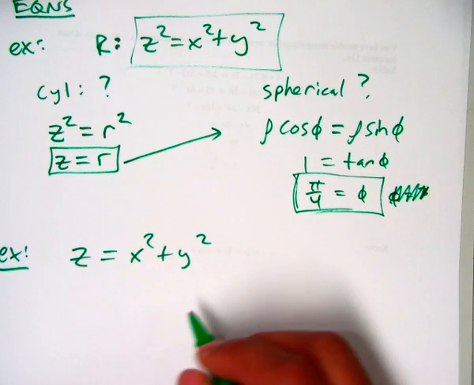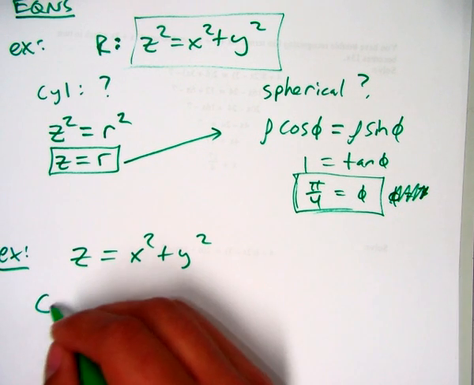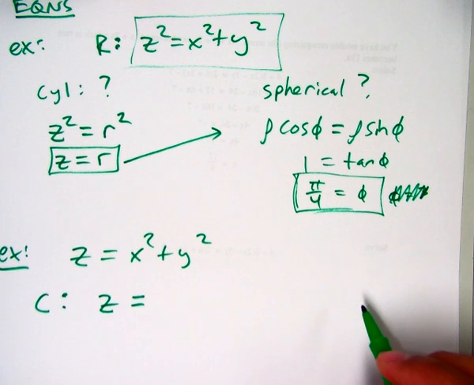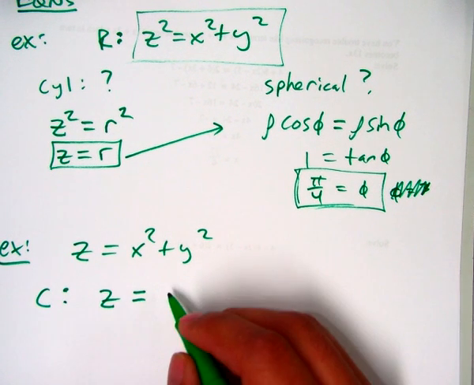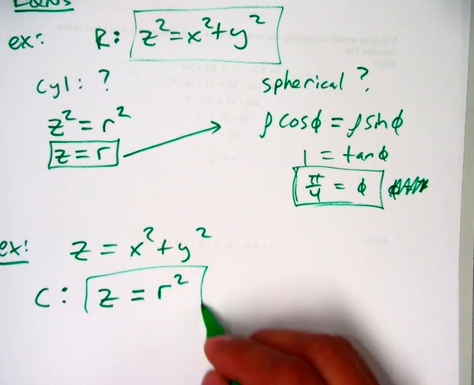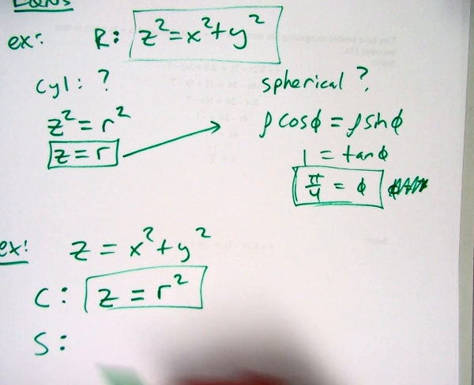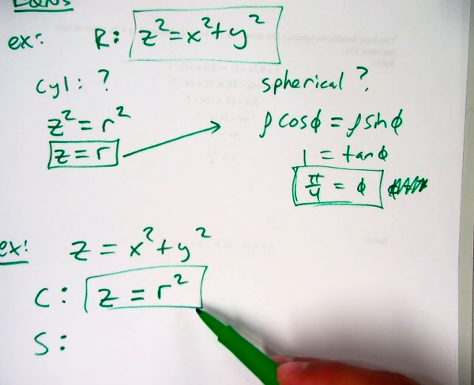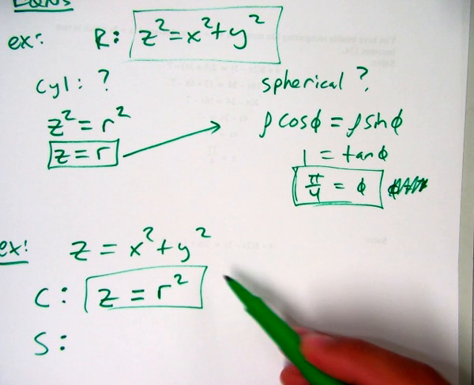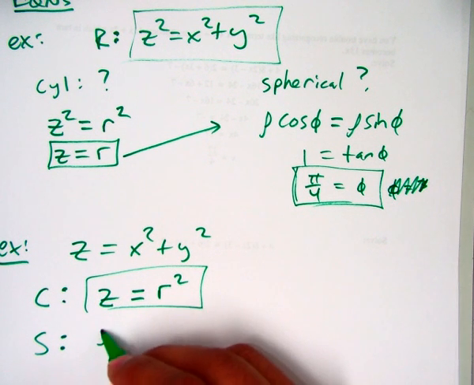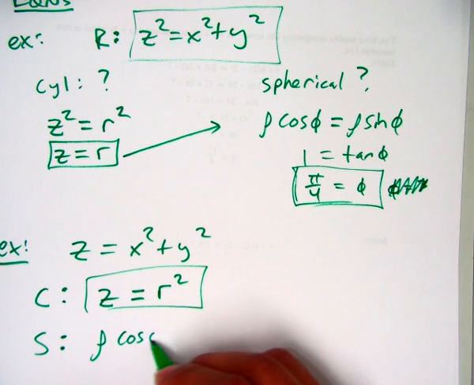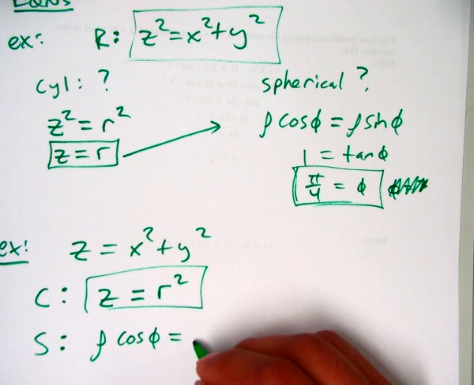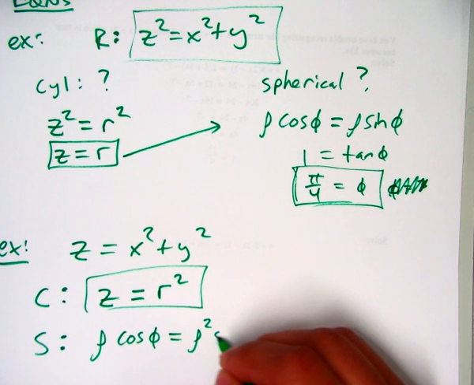So this is rectangular and cylindrical. This is just z equals. In spherical, usually once you have the cylindrical, it's easier to deal with the cylindrical than it is to go back and start with rectangular. Z is rho cosine phi. R was rho sine phi, so we're going to make it rho squared sine squared phi.